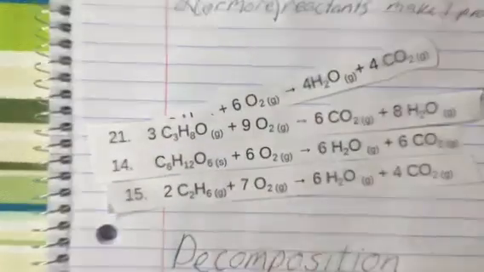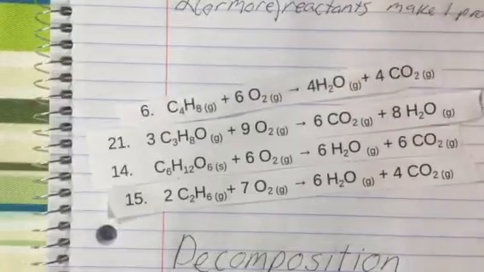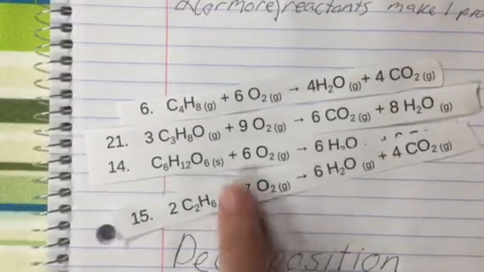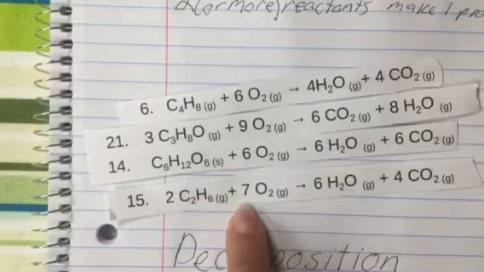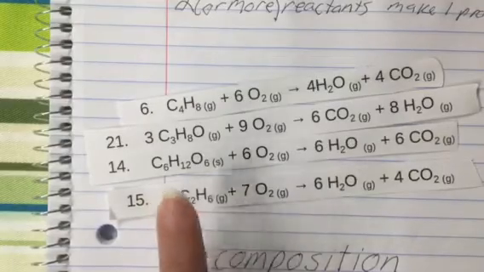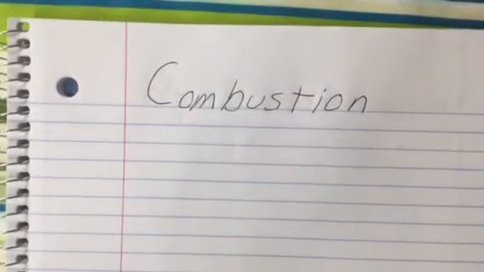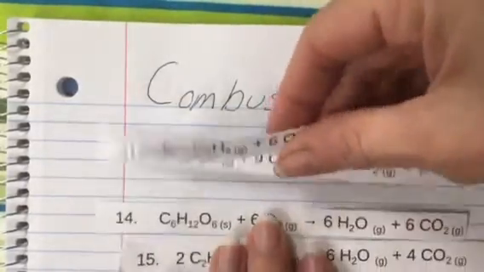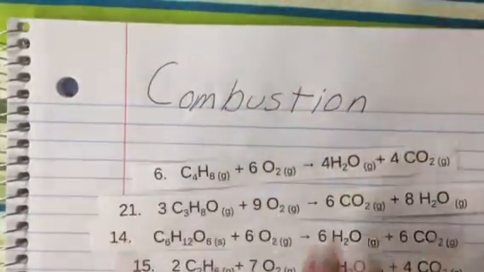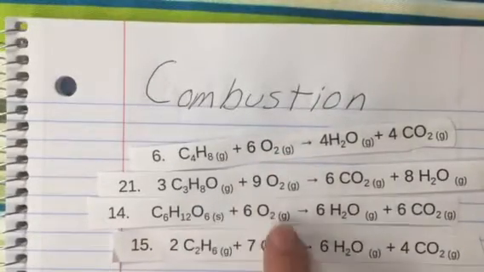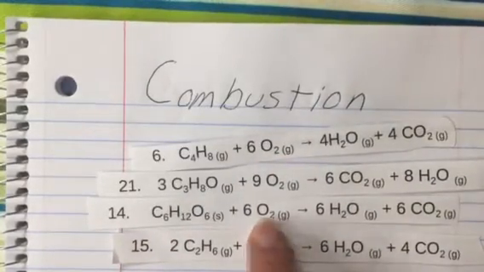We talked about how often in a reaction, when you see plus O2, it means that this is burning. So we call these reactions combustion. Now, combustion doesn't mean to explode. Combustion means to burn. So we're going to take these compounds, composed of carbon and hydrogen and sometimes oxygen, and burn them in air.